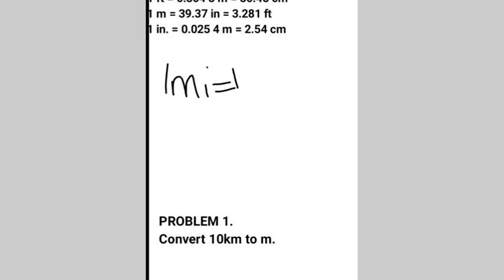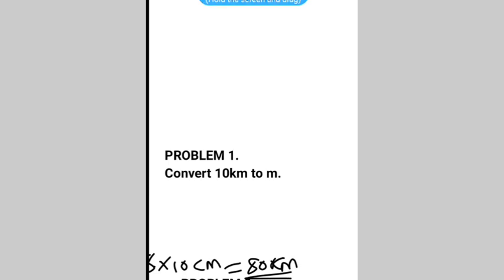The other units that we need to be familiar with, let's say we have 1 feet is the same as, so make sure that you are writing this because they are very important.